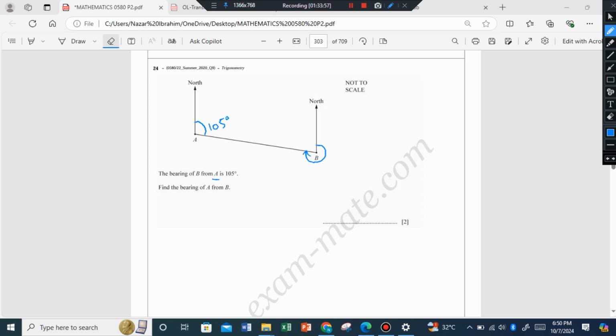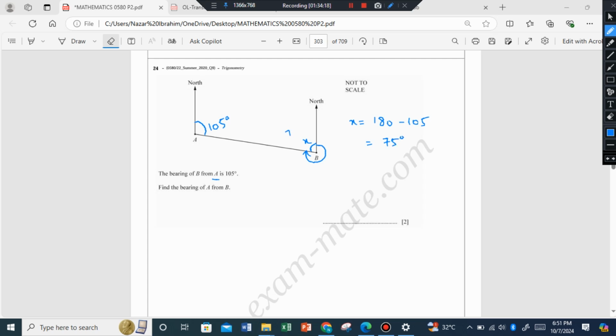As we did in the previous question, these two angles are supplementary, that is 105 plus x will give me 180. It means x is equal to 180 minus 105, which is 75 degrees.